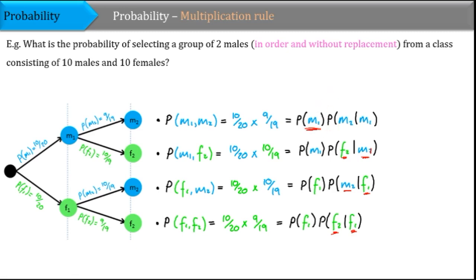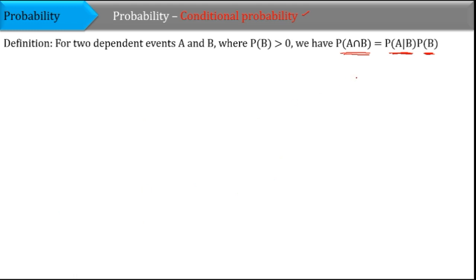Okay, probability of the one event times the probability of the other that's being affected by the first.